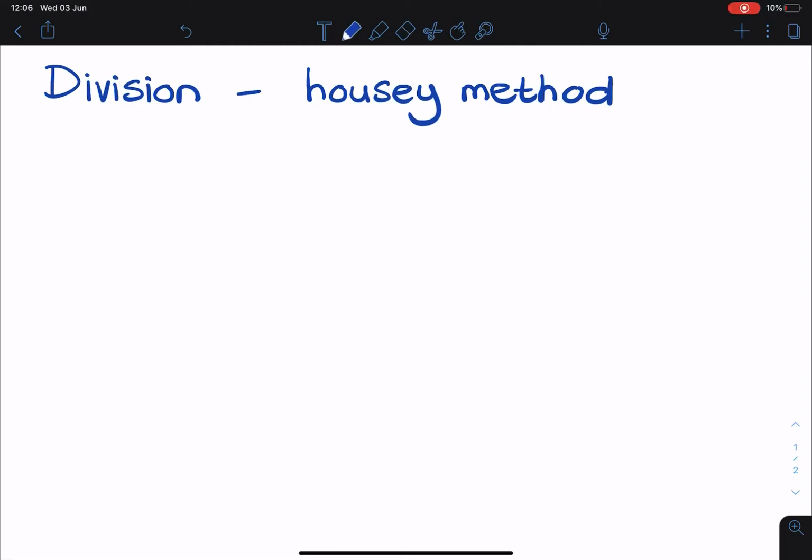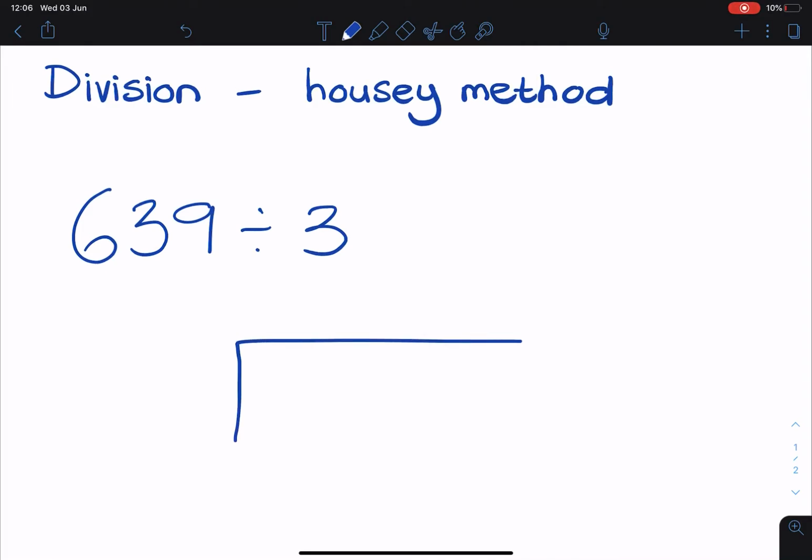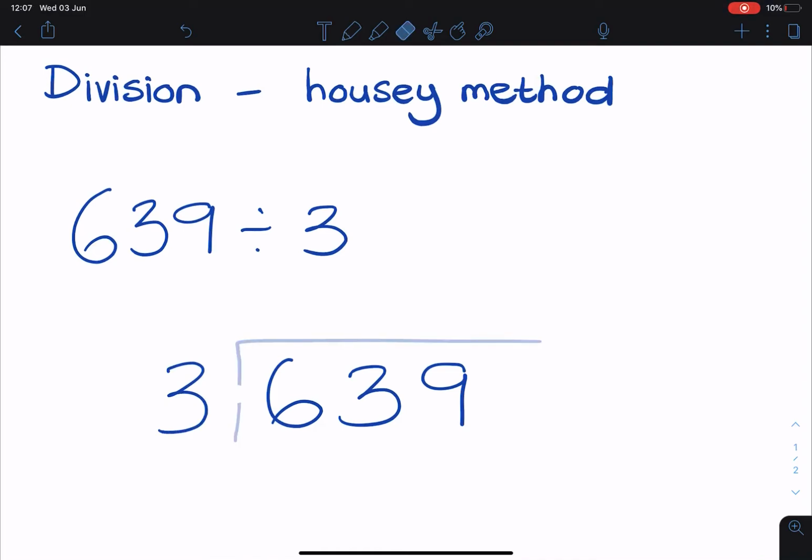So let's look at a sum using the housey method. 639 divided by 3. Remember that the big number goes inside the house, because that's the number that we are sharing out. So the small number is knocking at the door. Knock, knock.